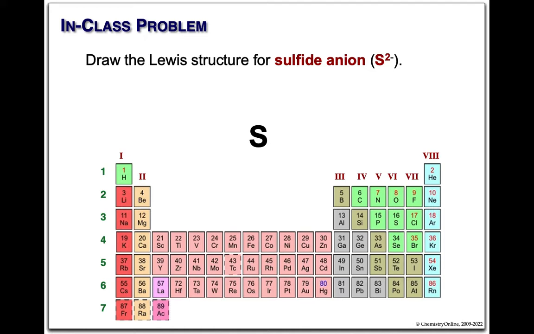We'll put them in one at a time, and then we'll pair up. So we have 2 unshared electrons. We have a -2 charge on our sulfur. So we're simply going to bring in 2 electrons and pair them up, and show a 2- charge.